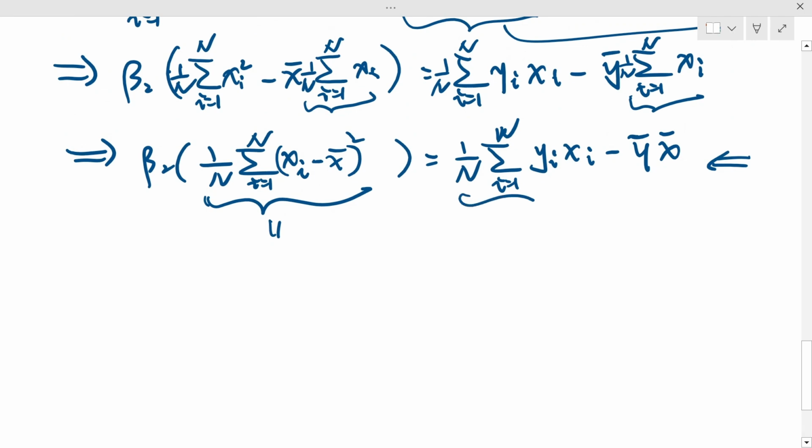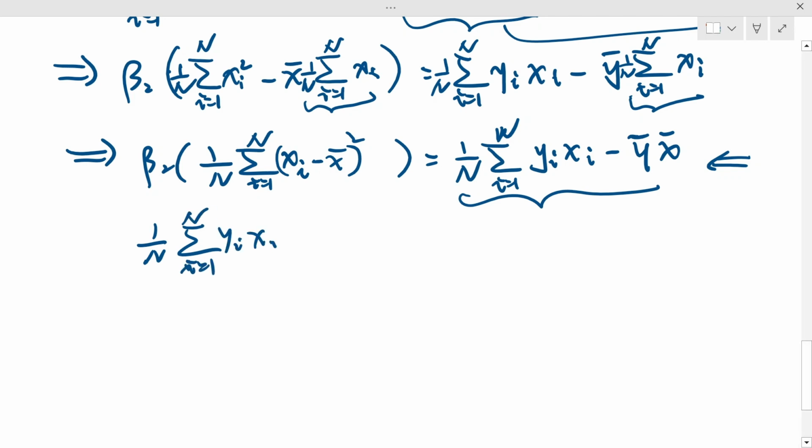Okay, let's look at these terms now. Y bar x bar.